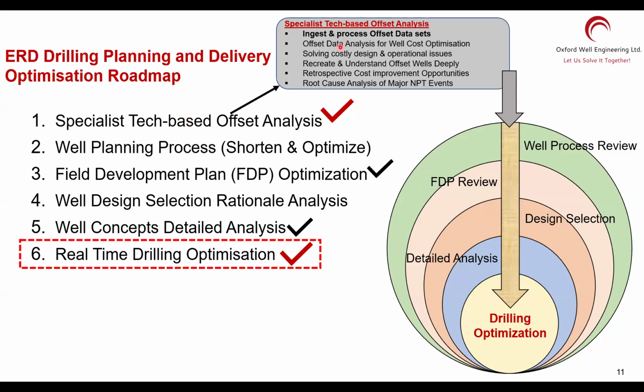Before you start, you have to do the digital analysis and feed the planning cycle with it, and make sure that you use the red checkbox. Red checkbox means you don't want to miss out. You must do this one. And the benefit goes all the way. If you are having a few of those ERD wells, then you can benefit from this.